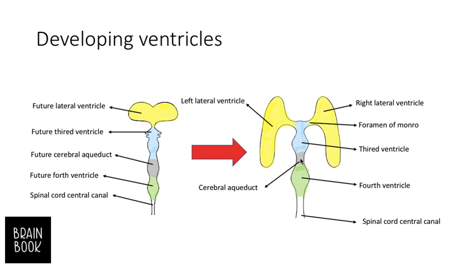The cerebral aqueduct is a place that connects the third and the fourth ventricle to each other, and the spinal cord central canal here is developed and connected to the fourth ventricle. And here is in our cranium, in the brain, and the spinal cord central canal goes through the spinal cord.